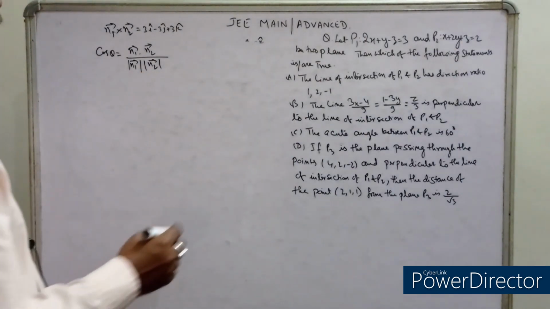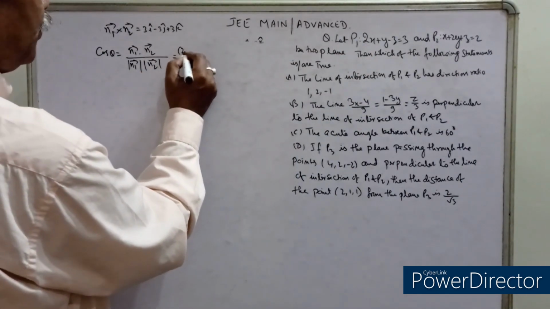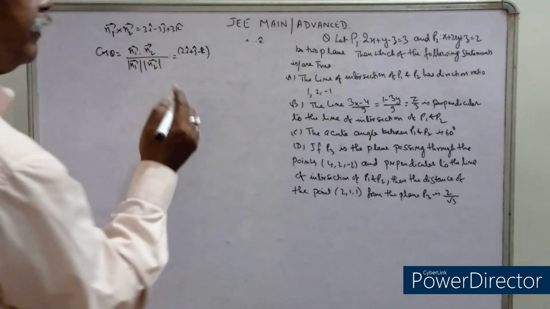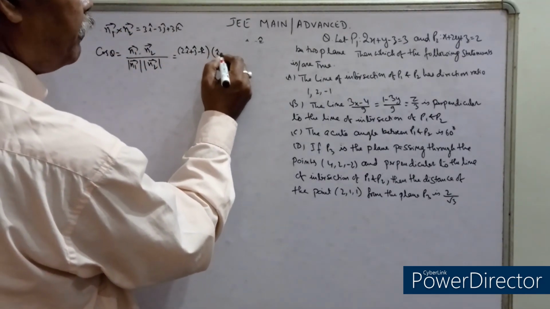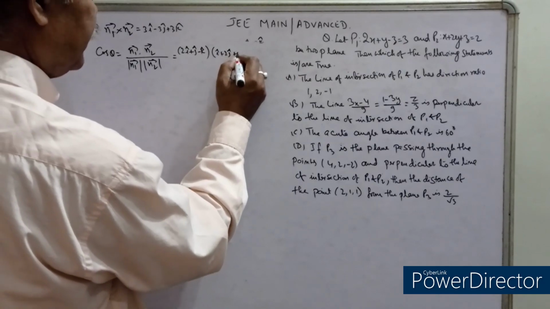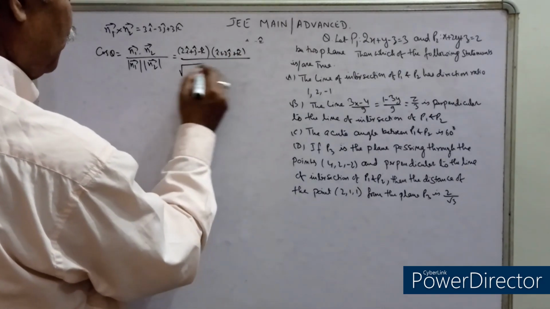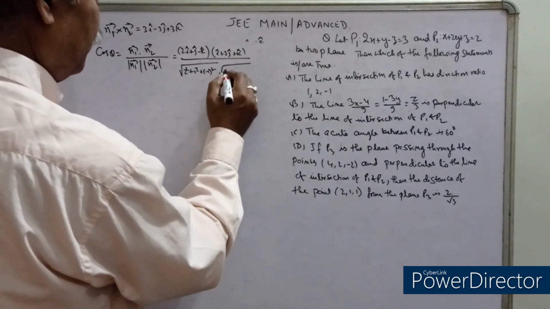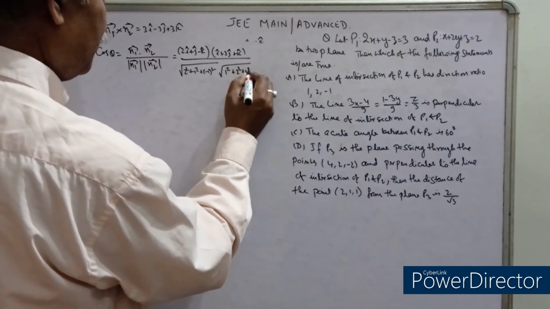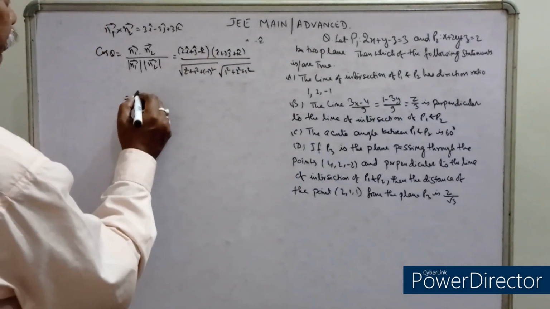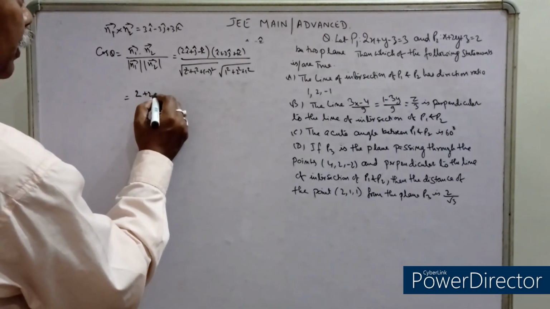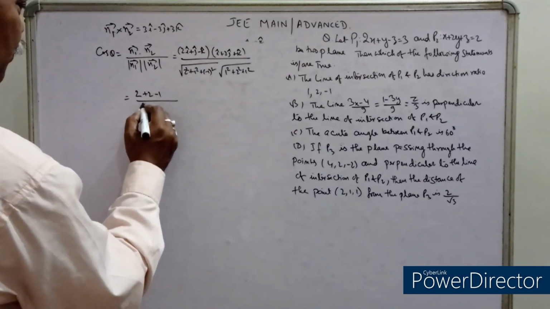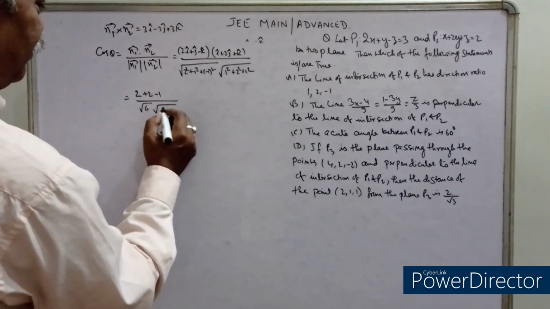So here your n1 vector is 2 i cap plus j cap minus k cap, and your n2 vector is i cap plus 2 j cap plus k cap. So divided by root over 2 square plus 1 square plus (minus 1) the whole square, again 1 square plus 2 square plus 1 square. So this comes out to be 2 plus 2 minus 1, and this is root 6, and this is also root 6.